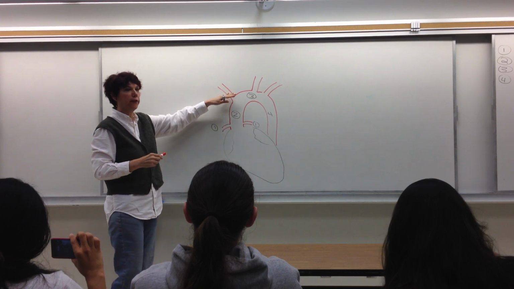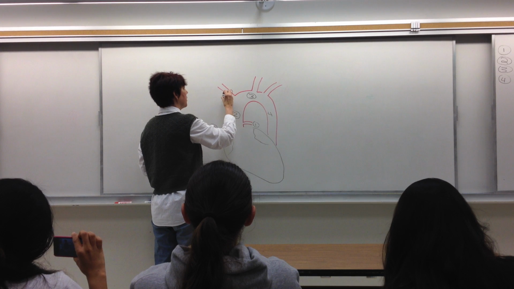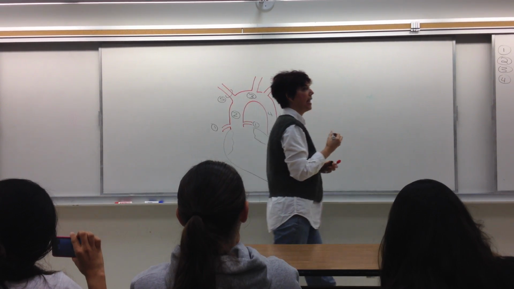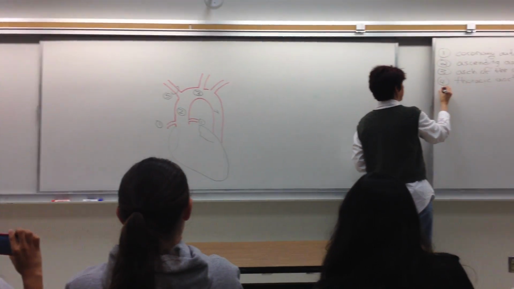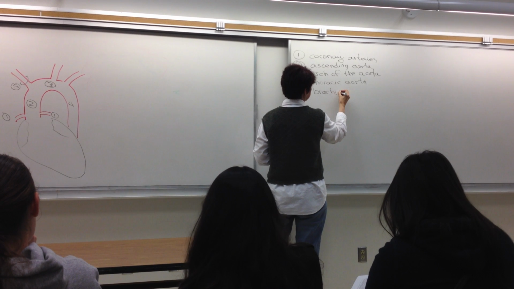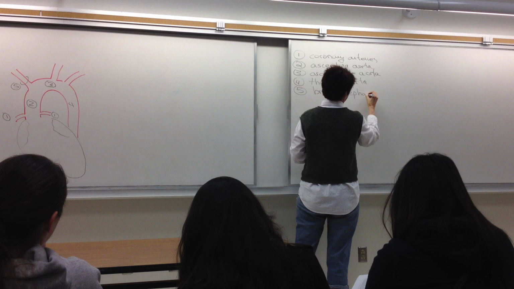So the very first branch off the arch of the aorta is going to the right side of the body and is identified as the brachiocephalic trunk. Brachio refers to what component of the body? Heart. And cephalic, head.